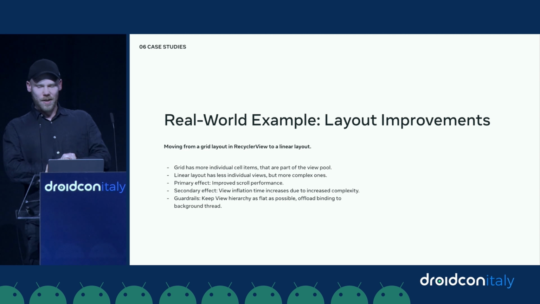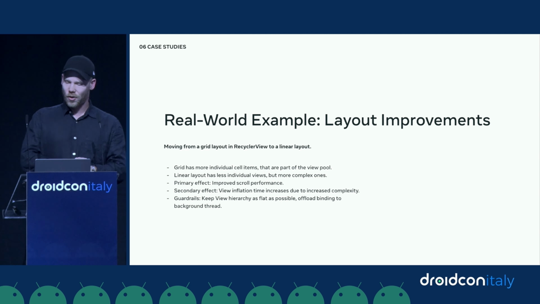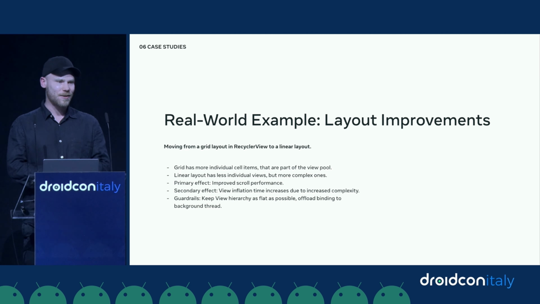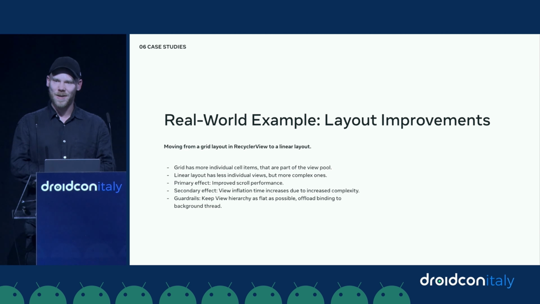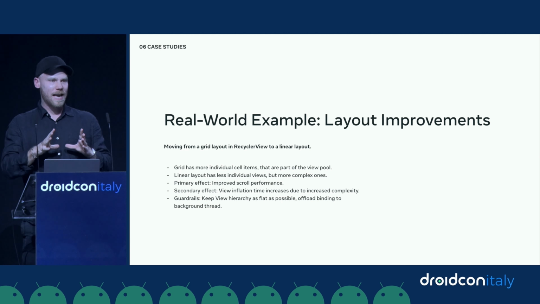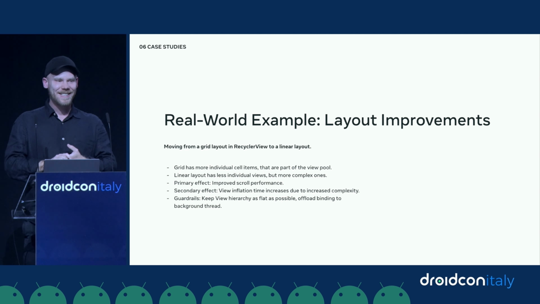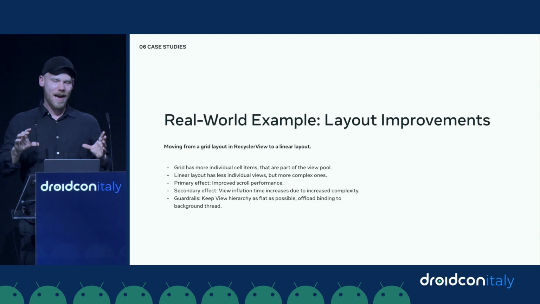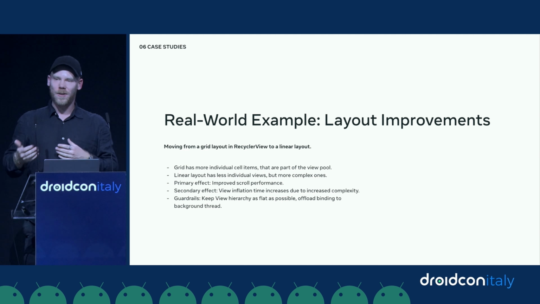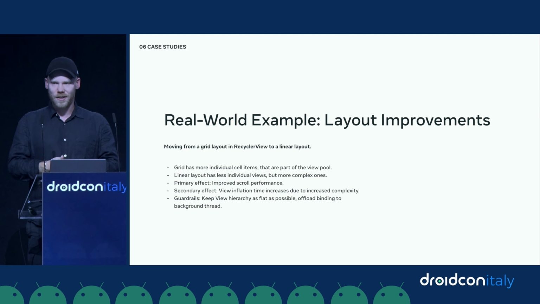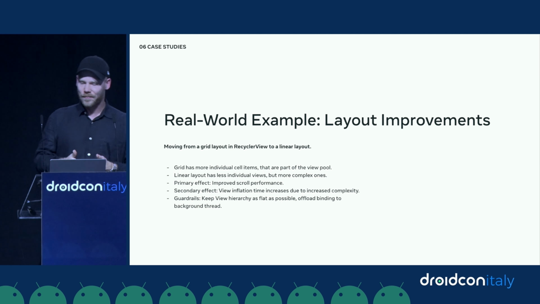Then the next example is layout improvements. So this is about the Android View world. It's not Compose yet, so it might not apply to a lot of people here. But just an example of a grid layout that in some case, let's say, had a lot of items, and you would think, okay, the views are being recycled, everything is nice, performance should be good because the views are small, they are not nested, they are very, very flat.